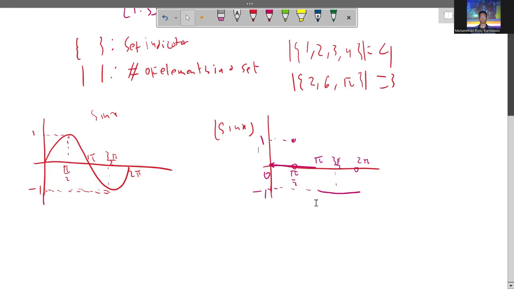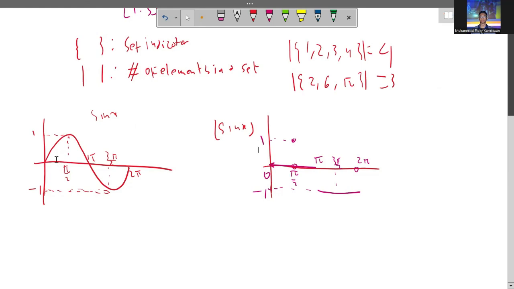So when x is any particular value, and we're going to start from 0 to 2 pi, from 0 to pi over 2, the value of sine x is less than 1. The values of sine of x by itself lie between -1 and 1.